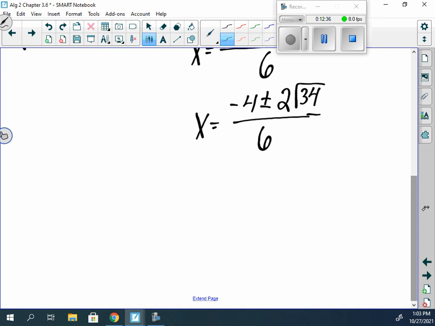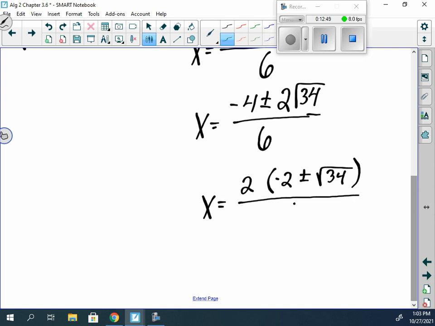Now, there's 2 ways we can look at it. One is that we can factor a 2 out of the numerator, which would leave us with negative 2, plus or minus the square root of 34 over 6. I'm dividing each one of those by 2 and moving it out front. Now, what do we have here?